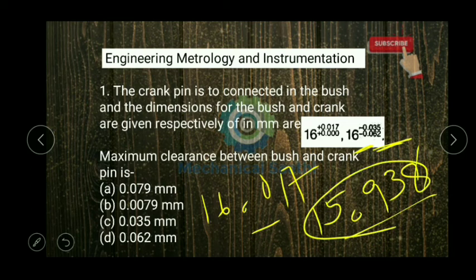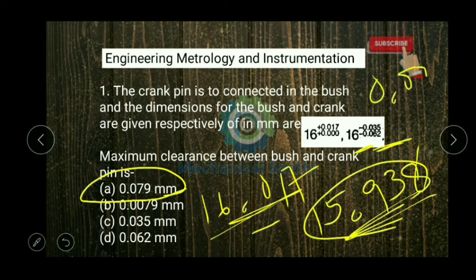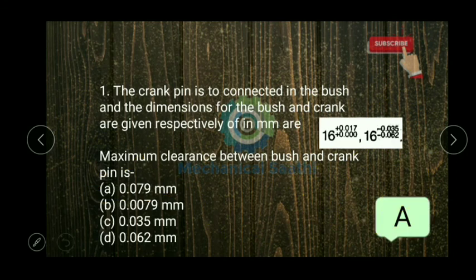Now if we deduct this value from 16.017, we get our answer. Calculating this, we get 0.079. So we can say option A will be the correct answer over here. Let us check it. Here we can see option A is the correct answer.